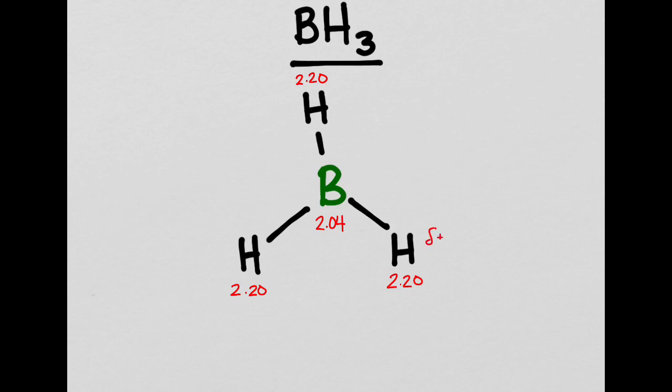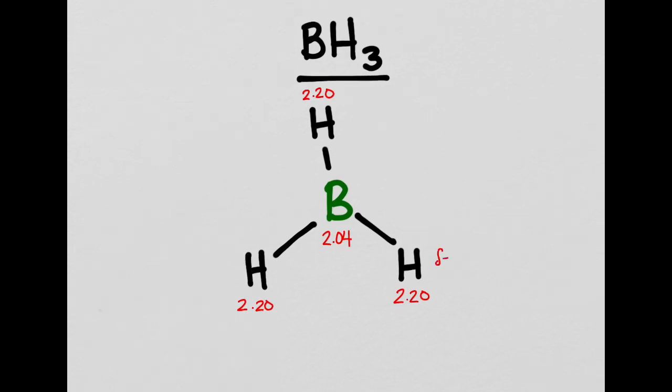All my hydrogens have a partial negative charge because the electrons get pulled towards the hydrogens, because as you can see, 2.20 is greater than 2.04, which means that my hydrogens are actually pulling harder on the electrons than boron is. So I have a partial negative charge on my hydrogens and a partial positive charge on the boron.